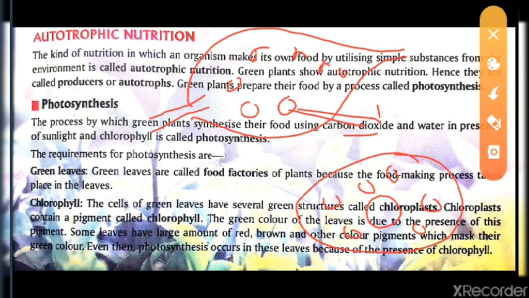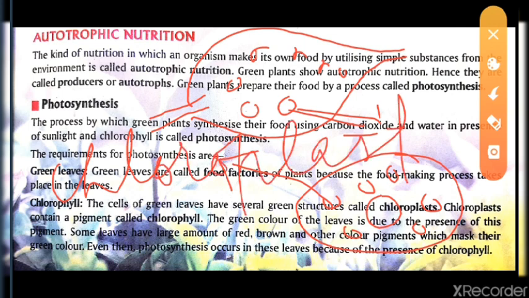One of the cell organelles is named chloroplast. So chloroplast is present in the cells of the leaves.